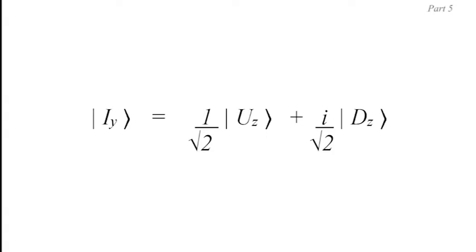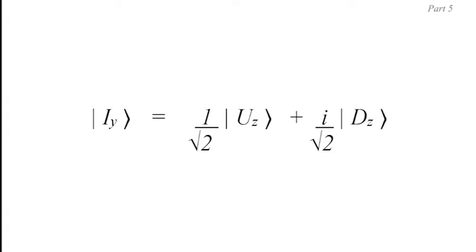However, now that we have a complex, or rather imaginary, coefficient, the so-called square of this one has to be found by multiplying it by its complex conjugate. So normalization of the whole thing is shown by taking 1 over root 2 squared and adding the product of i over root 2 by minus i over root 2. Anyway, the total gives you plus 1.